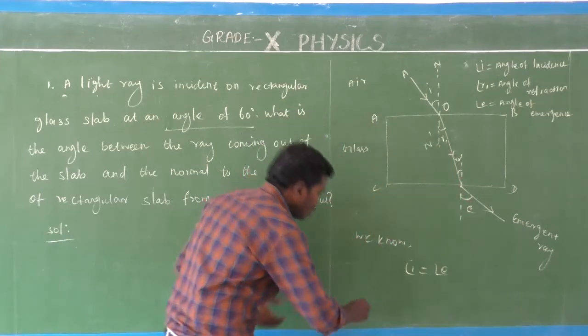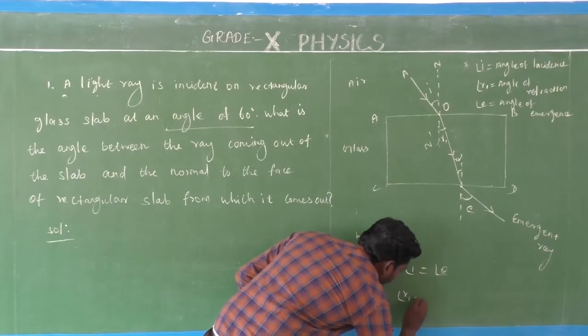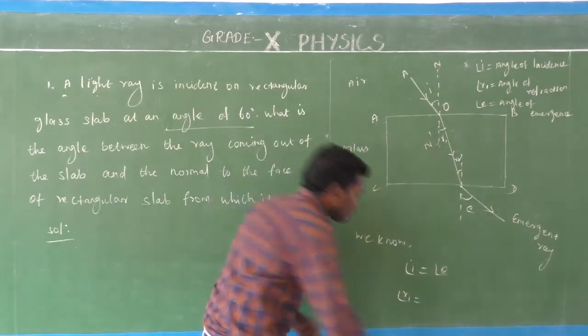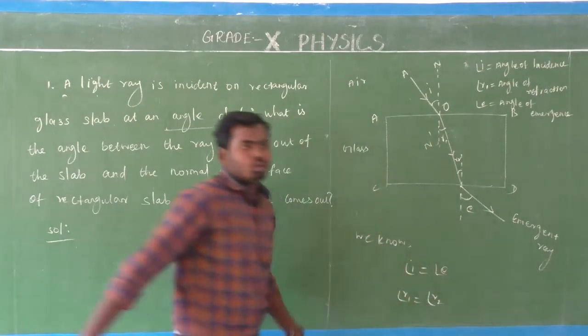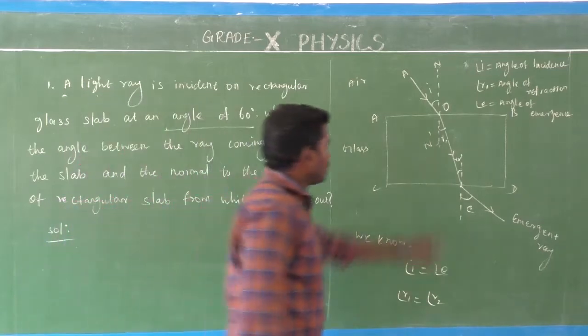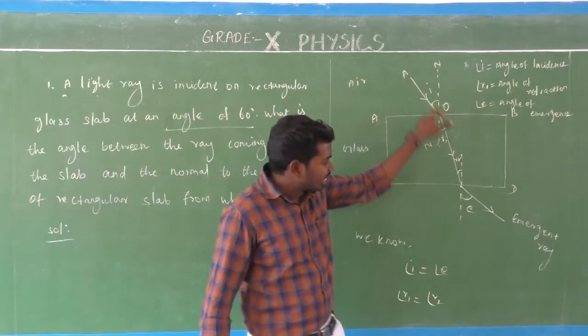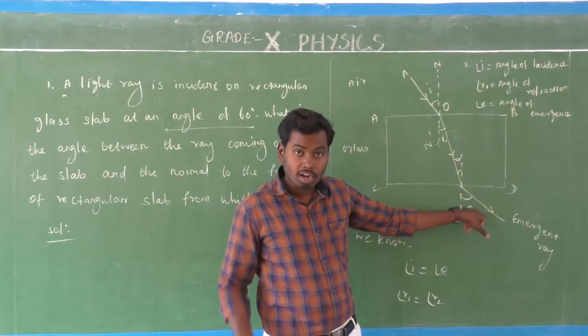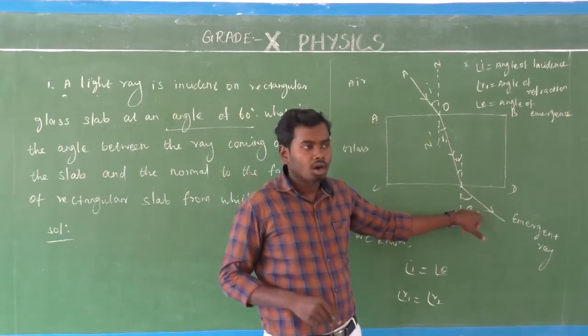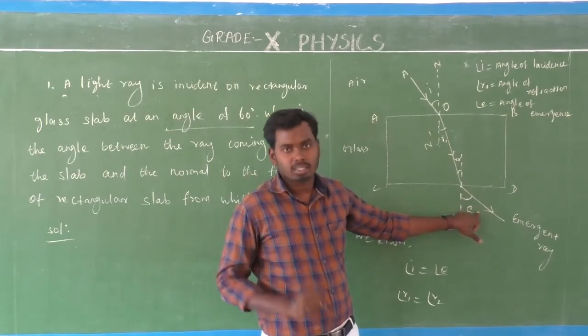Am I right? Very simple. The angle of incident is equal to angle of emergent. Already we have seen that in the topic of refraction.